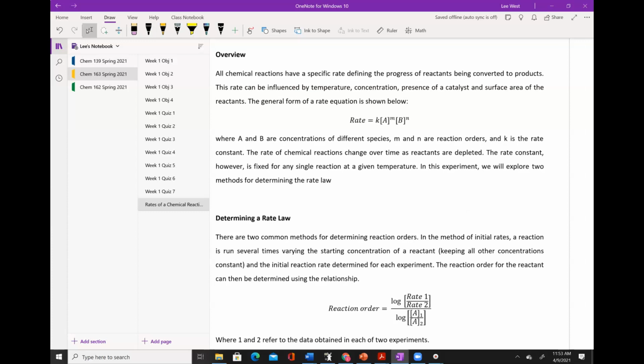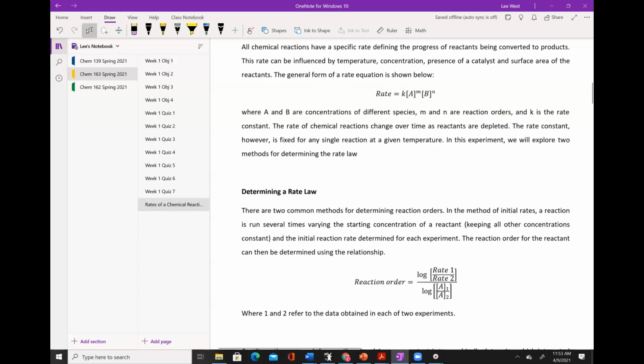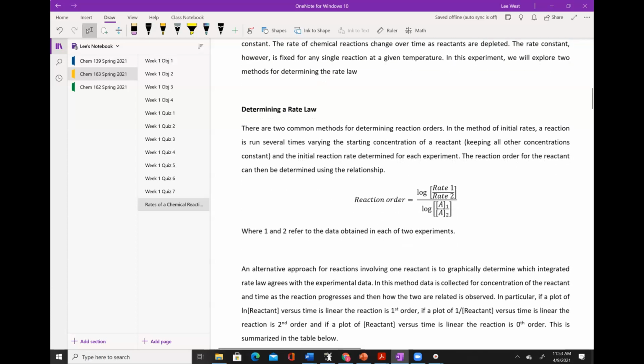Now, so that's the general kind of layout of things. And so what we're often wanting to do in a kinetic study is to determine what this rate law is, to figure out what the reaction orders are, and also to figure out what the rate constant is.